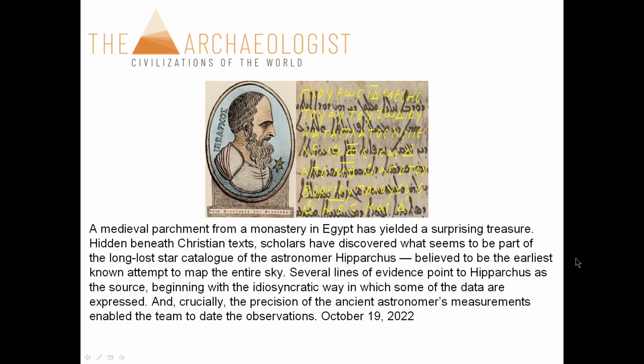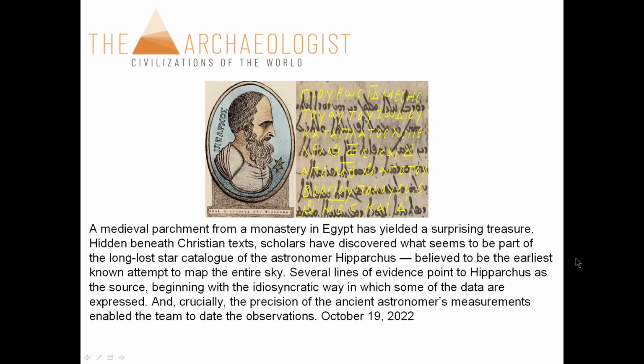And underneath this Christian text, they found the faint writings of another text, which they are assuming could be a lost star catalog from an ancient Greek mathematician and astronomer called Hipparchus. And it's believed to be one of the earliest attempts to map the entire sky.